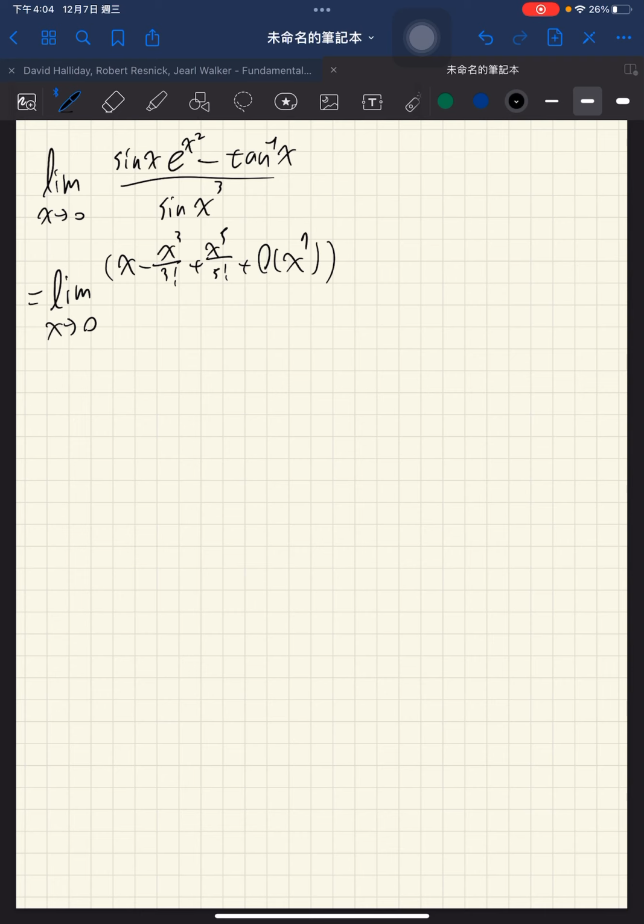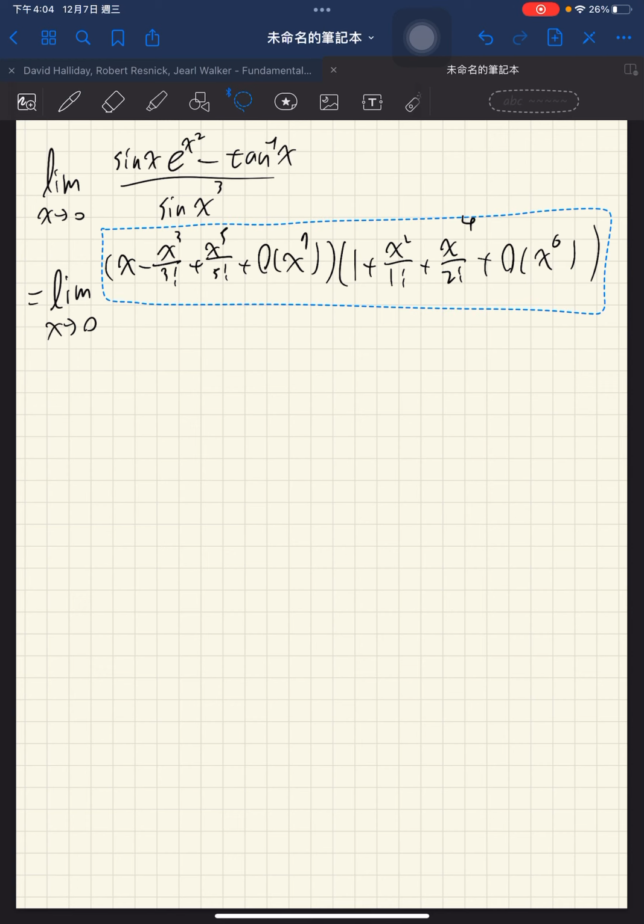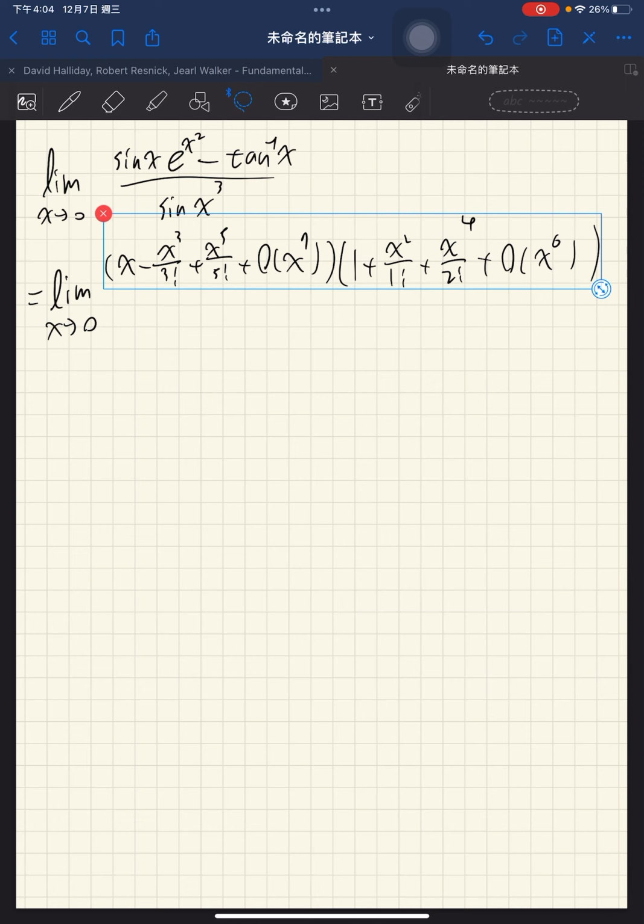And e to the x squared, so we have to plug in x squared to e to the x: 1 plus x squared over 1 factorial plus x to the fourth power over 2 factorial, and I think this is enough. And then I need to change the size, maybe smaller.